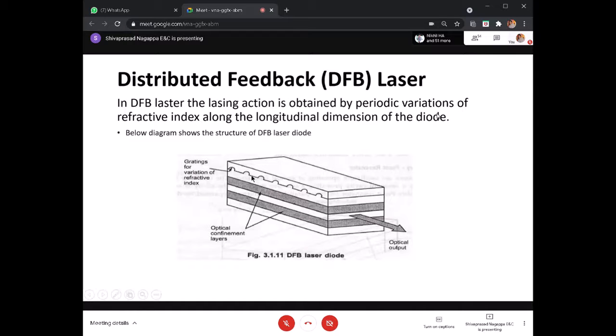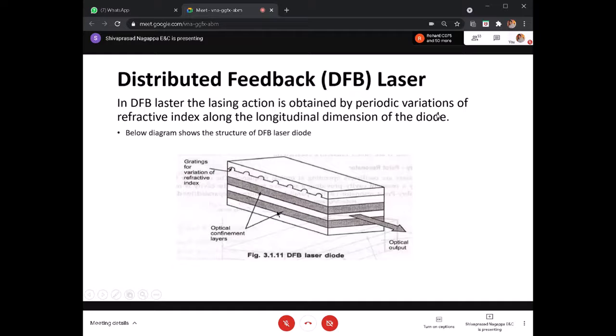This is incorporated into the multi-layer structure along the length of the die. So through the entire length there will be a variation in the refractive index, due to which the generation of photons will be varied. It will be distributed based on the variation in the refractive index. As I said, this will be the active layer, and these are the confinement layers.